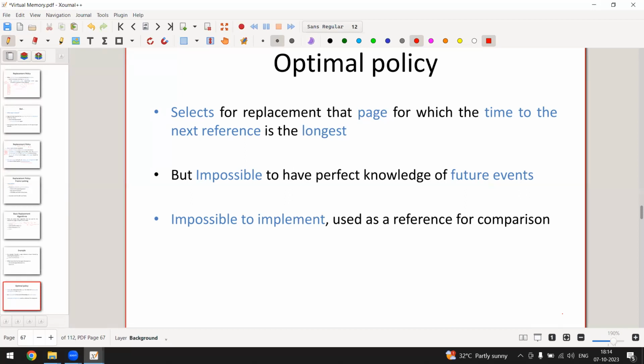If yes, then when. Based on that, I decide whether to swap it or not. Again, it's not possible because we live in current time. We have references of a process, but we cannot look into the future and determine which pages will be required and which will not. That's why the optimal policy is not a practical policy to implement.